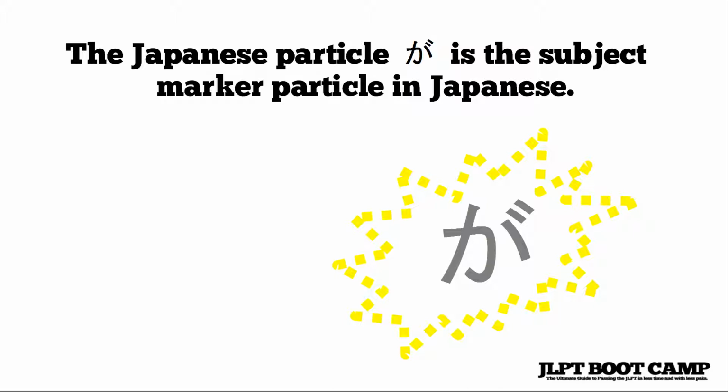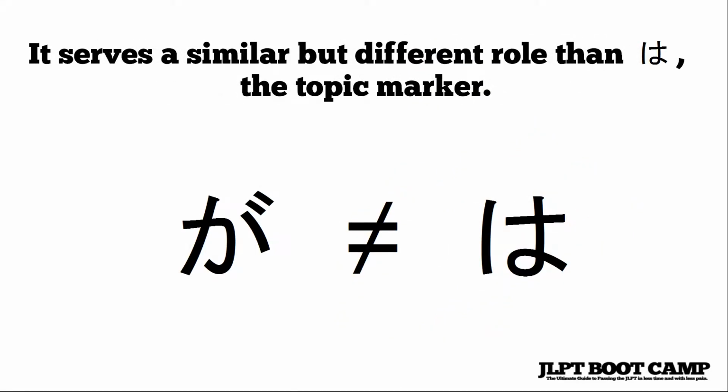But anyway, getting back to the topic at hand, the ga particle is the subject marker particle in Japanese, and it serves a similar but different role than wa, which is the topic marker.